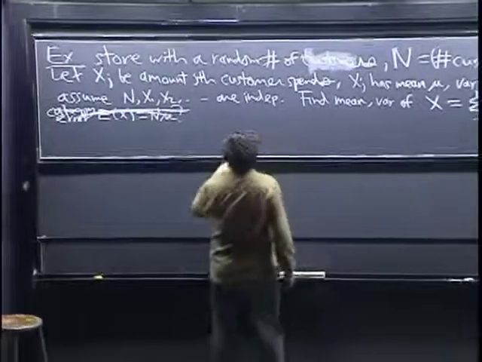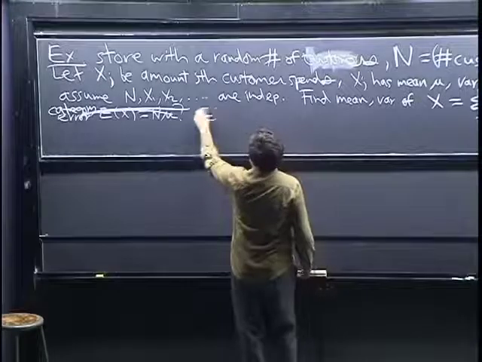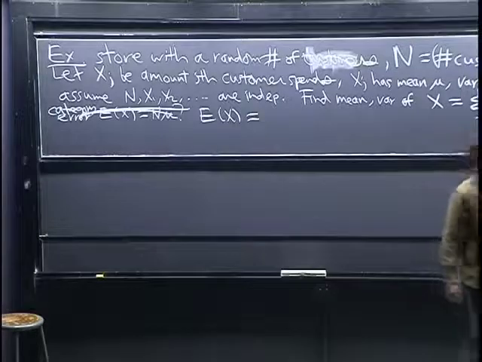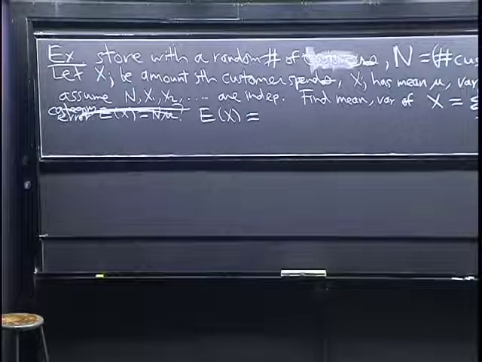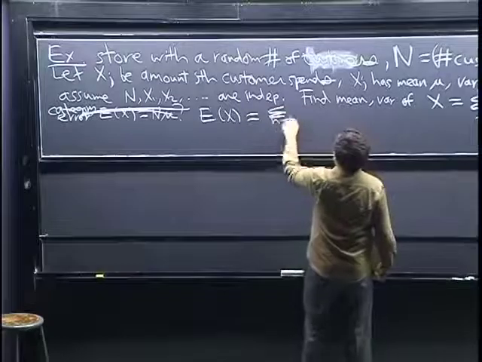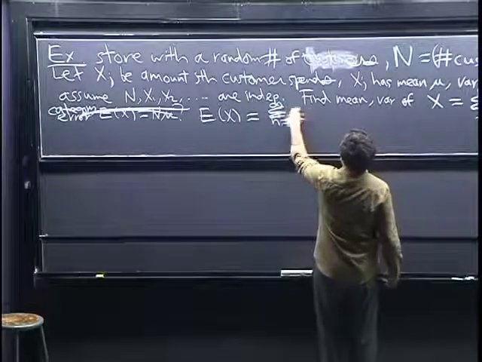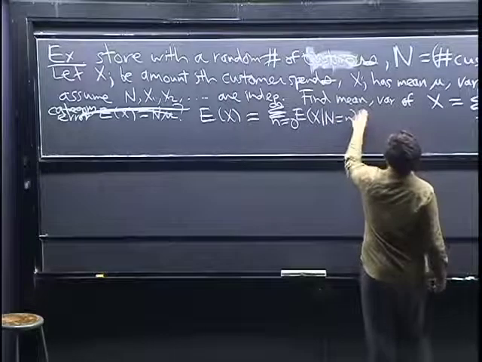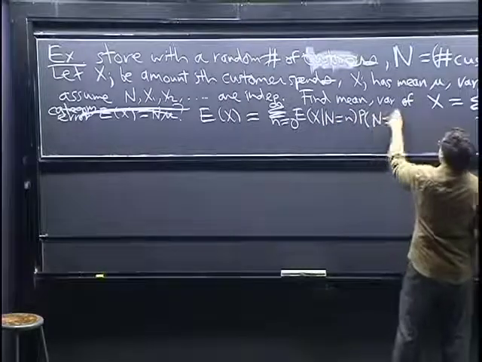So condition on n, that just means, well, we'll write E of X. I'll do this in two different notations. It's the same thing. We'll do E of X equals, by conditioning, so this is analogous to the law of total probability, the sum from n equals 0 to infinity of the expected value of X given big N equals little n times the probability that big N equals little n.